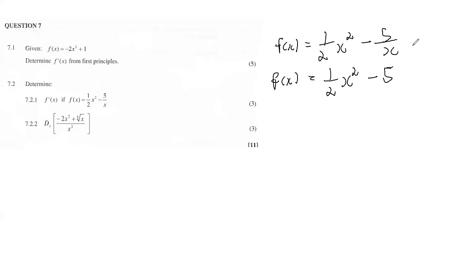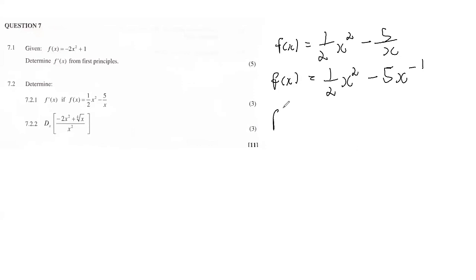Then 7.2.1. We are to determine f prime x if we are given that expression there. So let's first start by writing the expression that we are given, and then 5 over x. Now, remember, our commandments: we should not derive with the variable in the denominator. So the first thing that we do is prepare our expression for derivation. We take this x here and throw it up to the numerator, so it will be 5x to the exponent of negative 1.